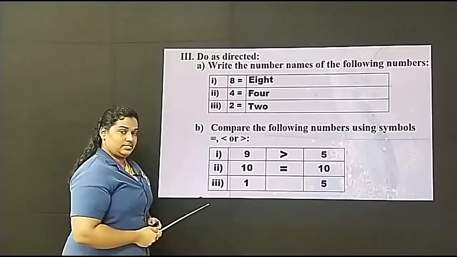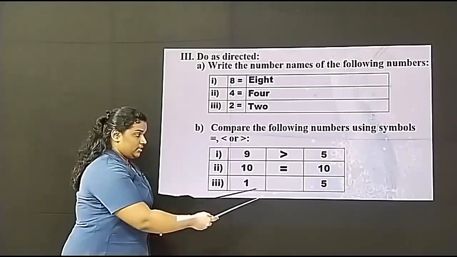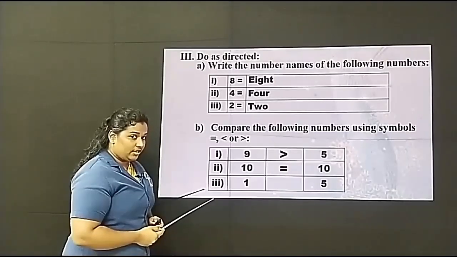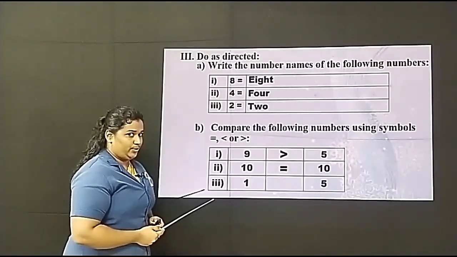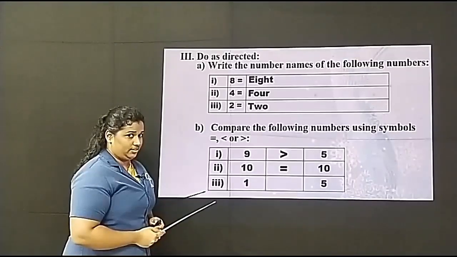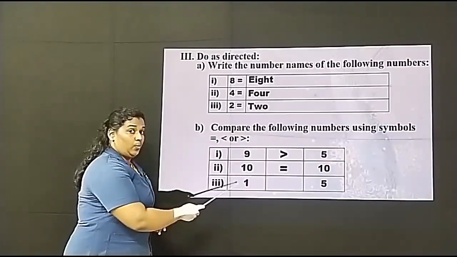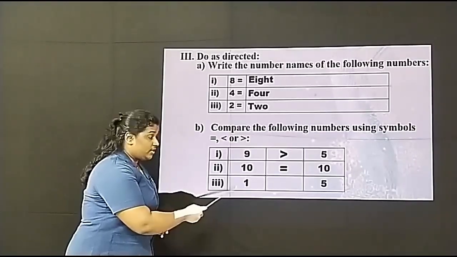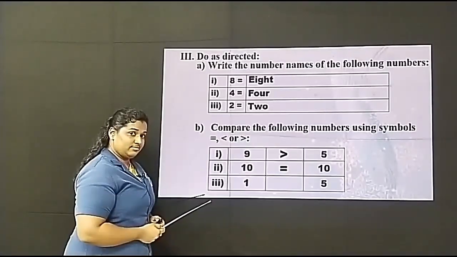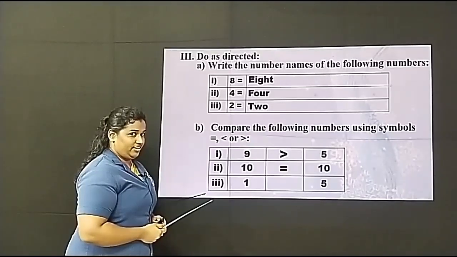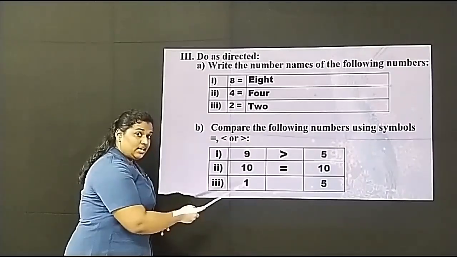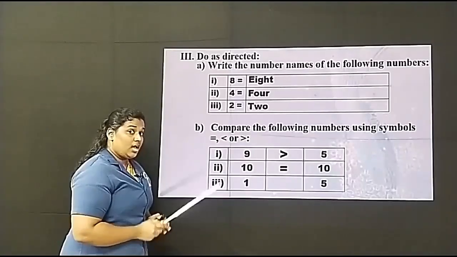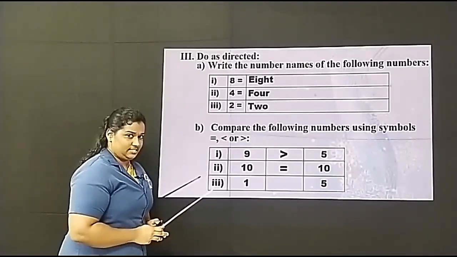Now the last question in this, look at the numbers 1 and 5. Are they equal? No, they are not equal. Then 1, is it greater or smaller than 5? Very good. 1 is smaller than 5. So 1 gets close side of the symbol.